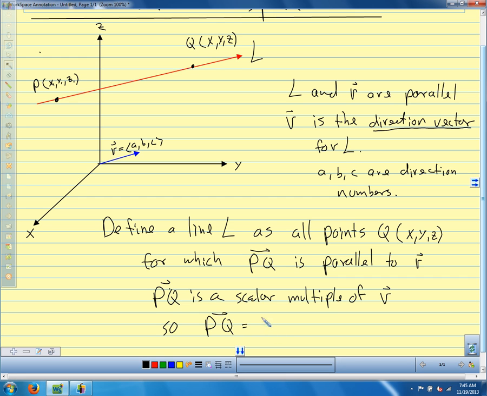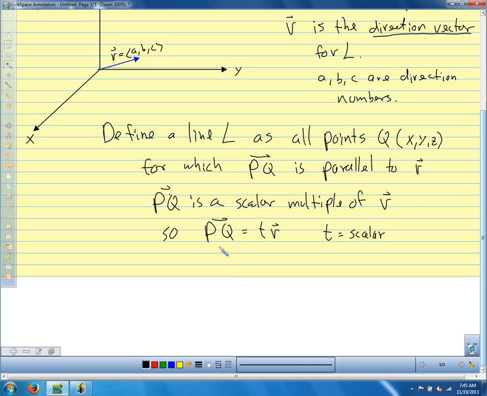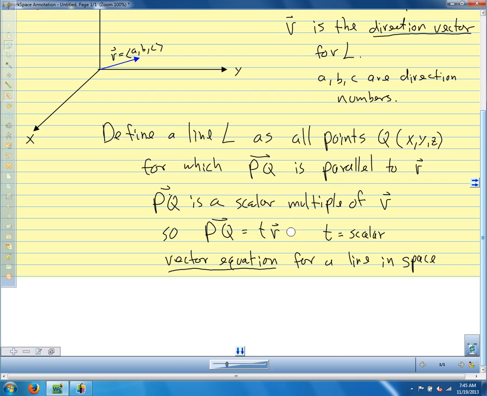PQ equals some scalar multiple t times v, where t is a scalar. This is the vector equation for a line in space. This PQ equals tV, that's our vector equation for a line in space. So that's kind of like our y equals mx plus b in space.